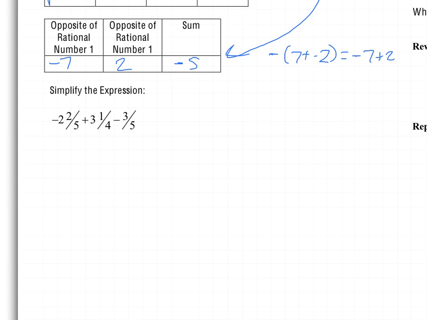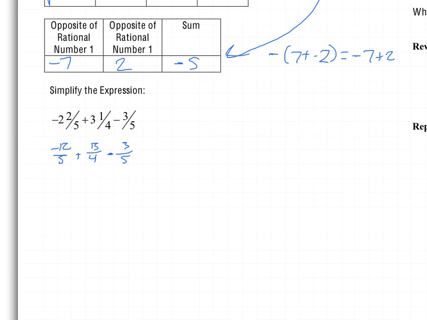So that would give me negative 12 over 5 plus 13 over 4 minus, this one's already 3 over 5. So our common denominator would be 20.